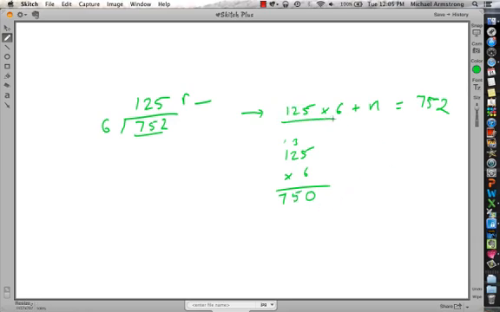So if I rewrite this, 750 plus n equals 752. Can we tell what n is? Yeah, n has to be equal to 2 because 750 plus 2 equals 752. So the remainder is equal to 2 in this problem.